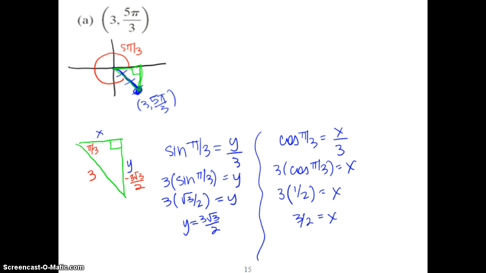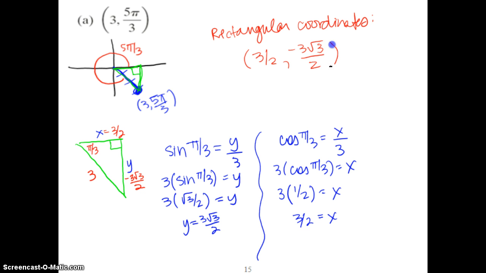So we put a value of 3 over 2 for x. Now that we know our x value and our y value, we have the rectangular coordinates. They're going to be 3 over 2, comma, negative 3 root 3 over 2.